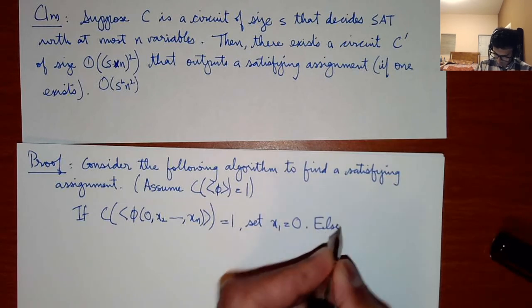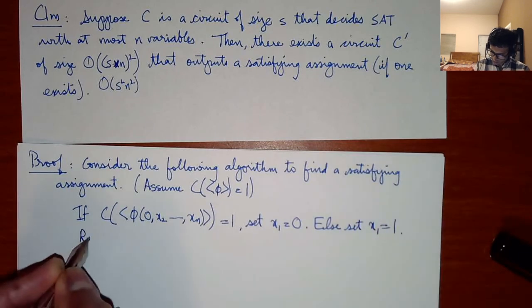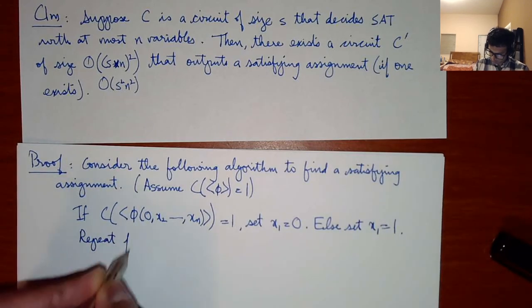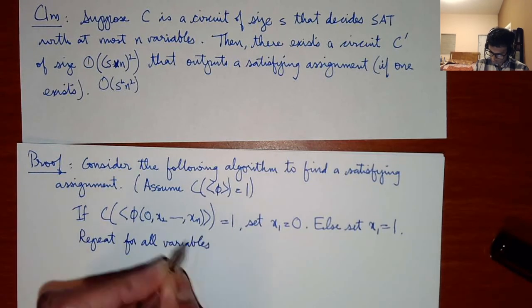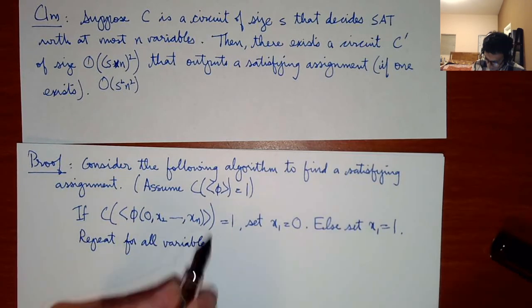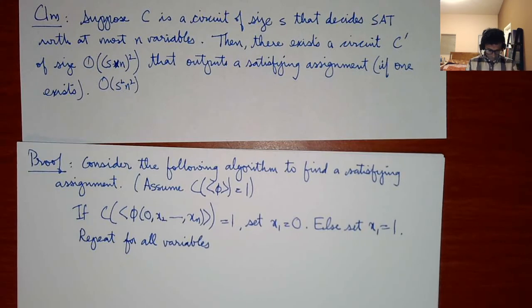Else, set x1 to 1 and repeat for all variables. Like, you do the setting and then you repeat. As you keep doing this, we will eventually set all the variables. Does this make sense?